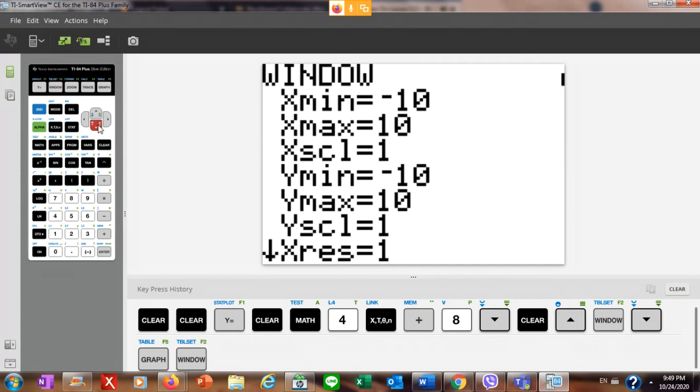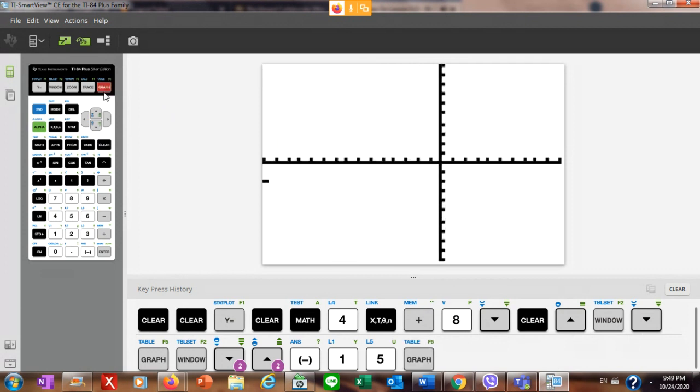This is the x part, so I'm going to go to x minimum and enter negative 15, and then hit graph. Now I've got a longer negative section of the x-axis.